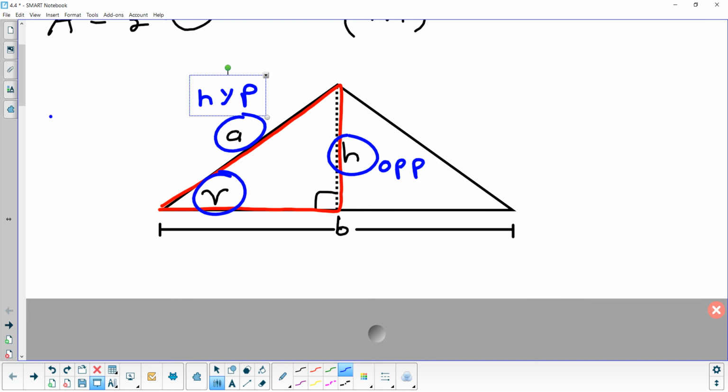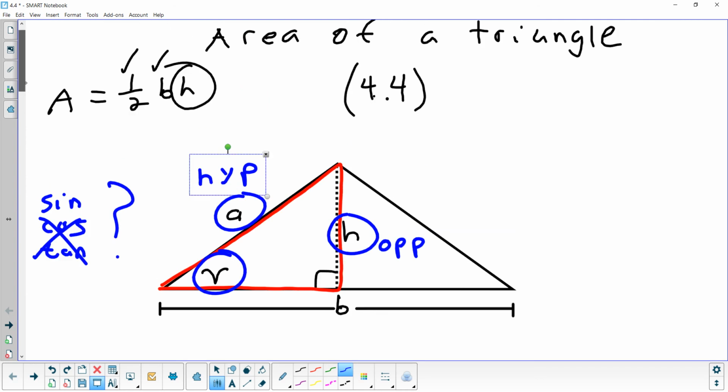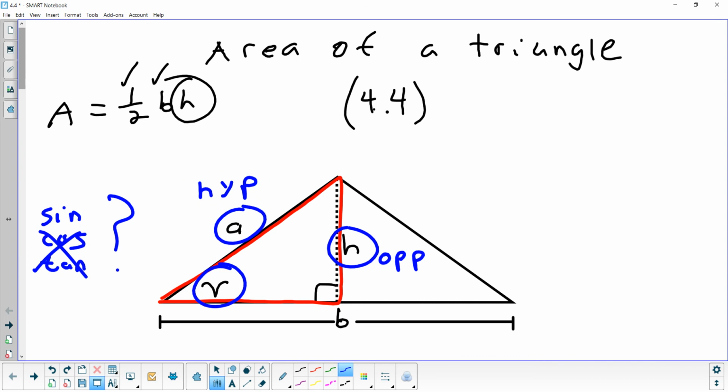Anybody remember which trig function out of those three has opposite and hypotenuse in it? Yeah, sine. So what we're basically going to do is make a formula to solve for the height when we don't have it. And we're going to fill that formula in right where I circled H in black.